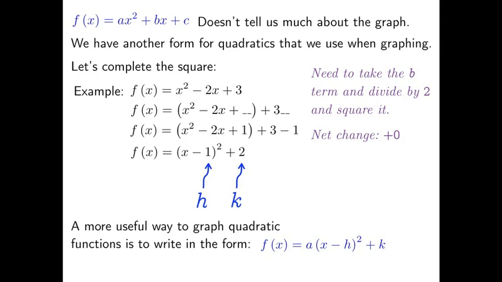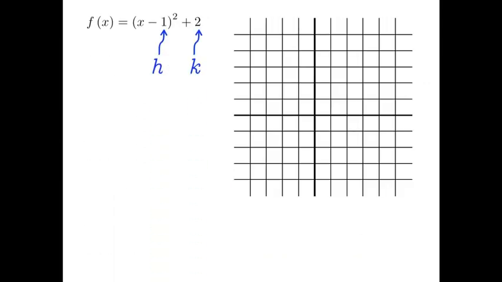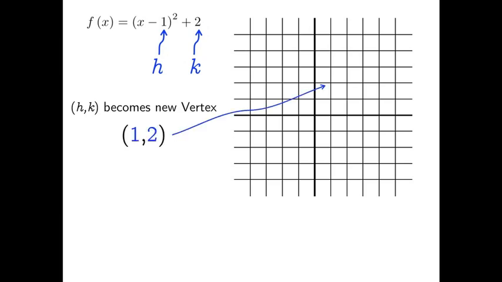In this example, a is equal to 1, h is equal to 1, and k is equal to 2. Let's take this form, and we see that hk becomes the new vertex. And since our a term is positive, we'll open upwards. Our shape remains the same because there's no scaling factor in this example.